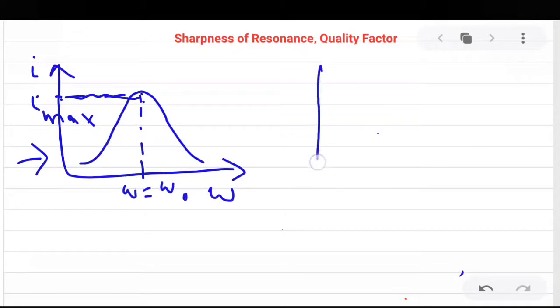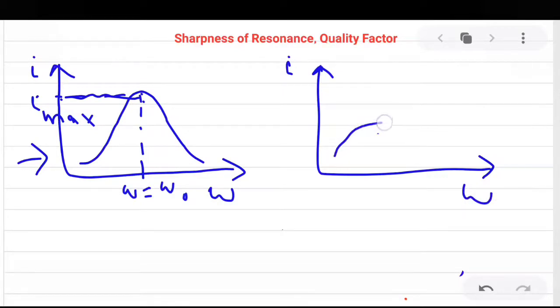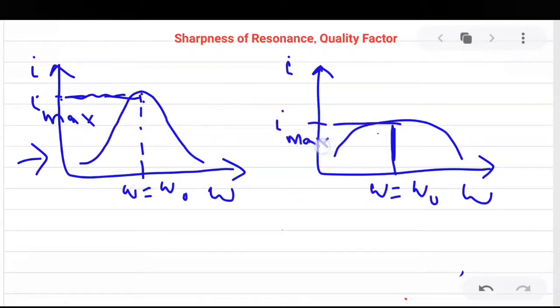In another case, suppose you have a graph like this, I versus omega, and at this angular frequency omega is equal to omega naught, the current is maximum. So this is maximum current. Now what is the difference between these two? From the shape itself you can say that this graph looks a bit sharp, and this one is a bit broad. But what is the significance of this?